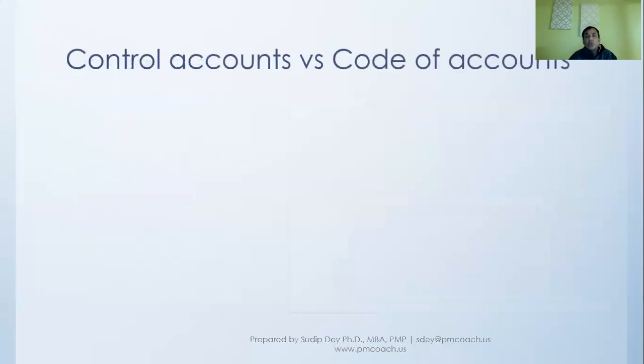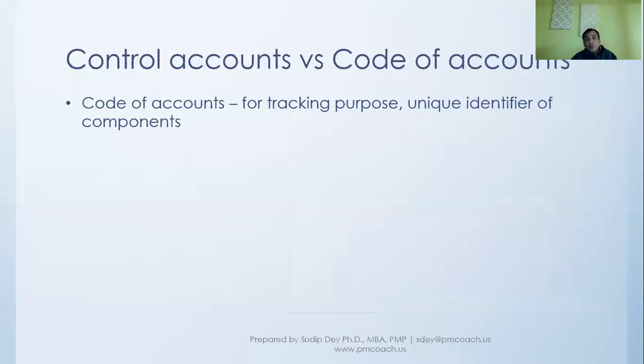Now, there are two terms that we need to understand when we are talking about these accounts. One is control accounts, one is code of accounts. First and foremost, code of accounts is for tracking purposes.